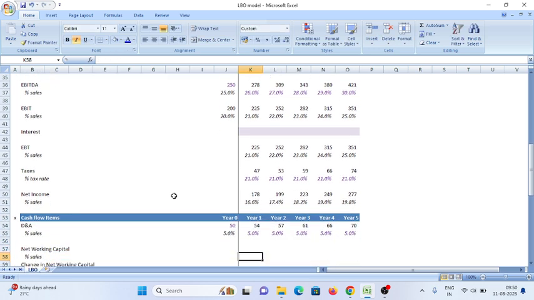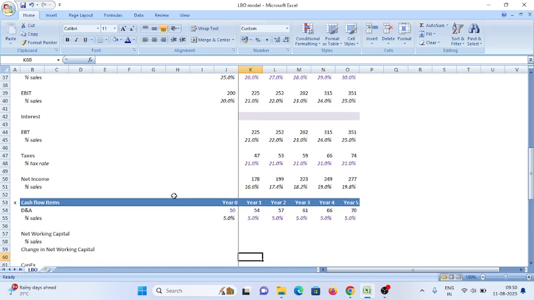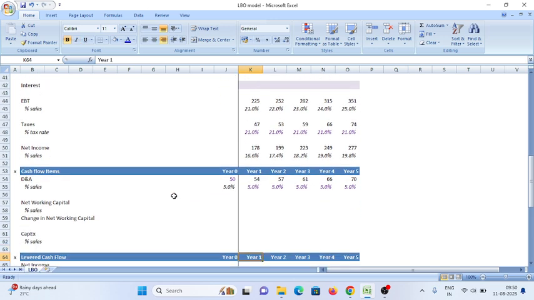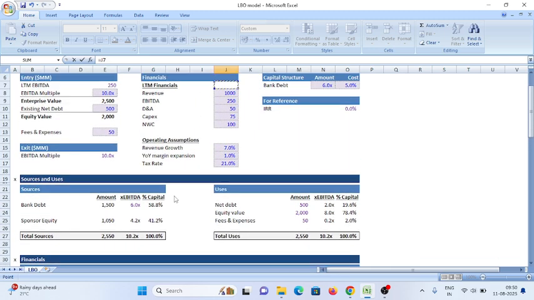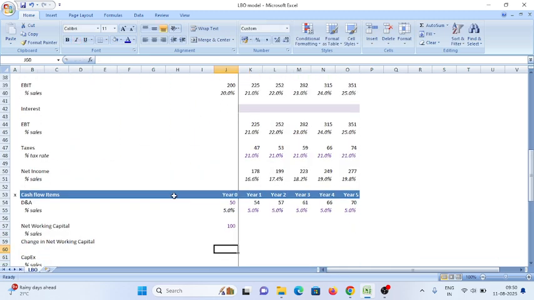Okay. Next we have cash flow items. As I mentioned, we are not going to project all line items in cash flow. We are only focusing on a few items that we require to compute free cash flows. Link net working capital to our assumption table section.